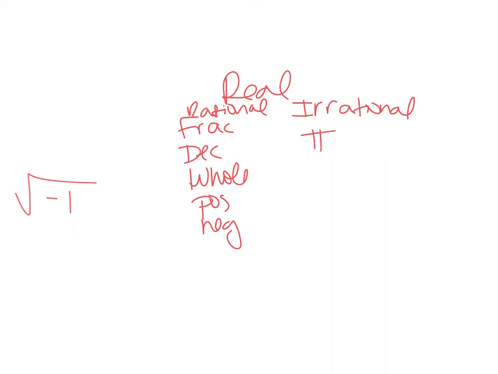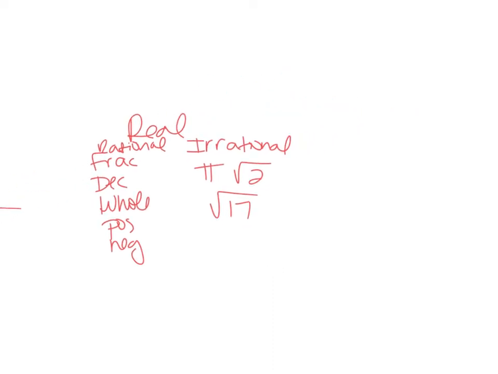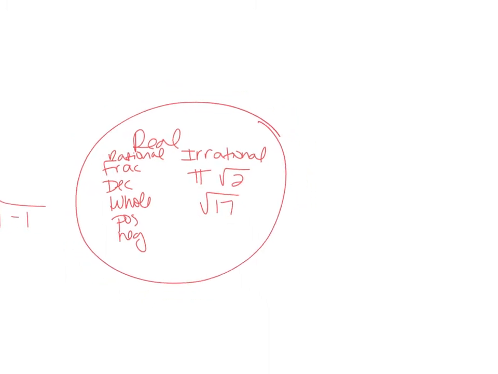You can never write it as something nice and neat unless you use the pi symbol. Square root of 2 would be an irrational number. It's the square root of 17. It's something that you cannot put in a calculator, and it will not give you either a fraction answer or a decimal that you don't have to round. Okay, so all of those are real numbers. That's all the numbers that you've ever dealt with in your math career.